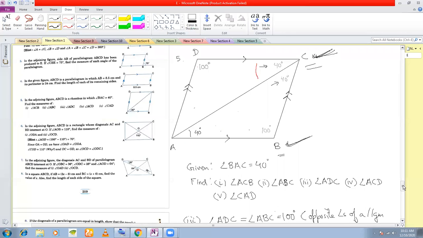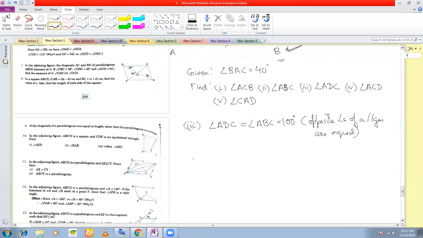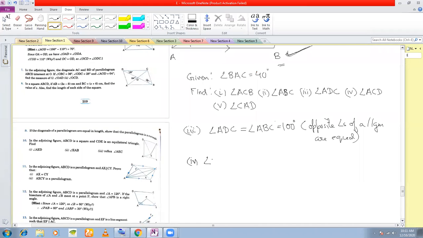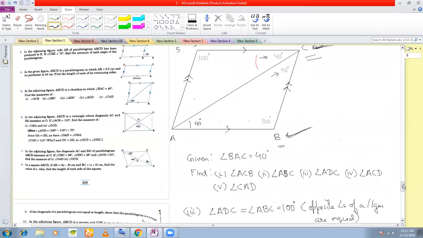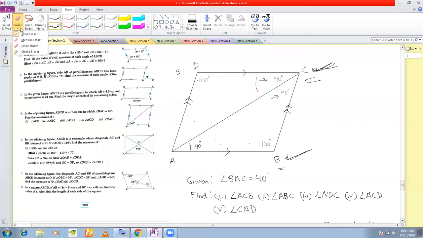That's it. So we simply write ACD is equal to 40 degrees, as found in 1 above. Okay, so that's it. This is already answered. That is why I was writing in pencil.